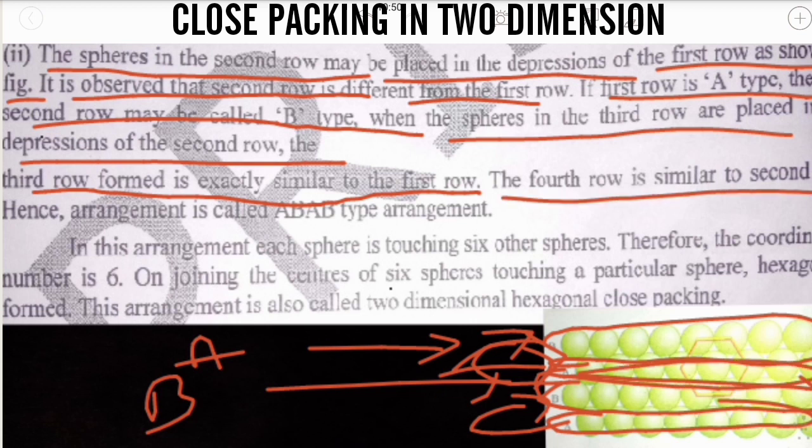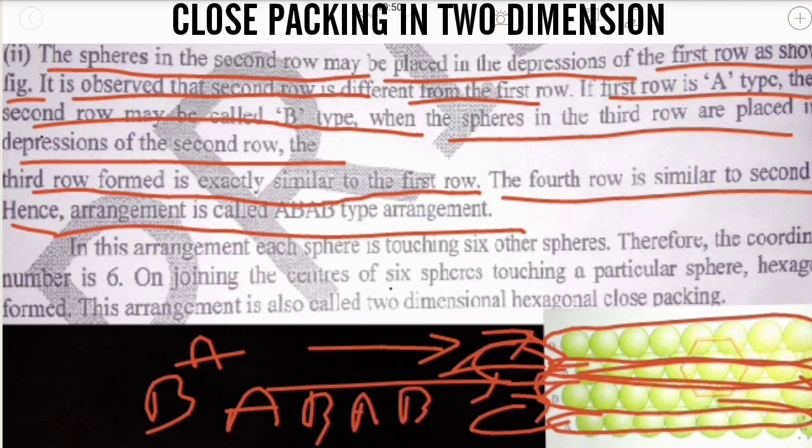Hence, this type of arrangement is called AB type of arrangement.